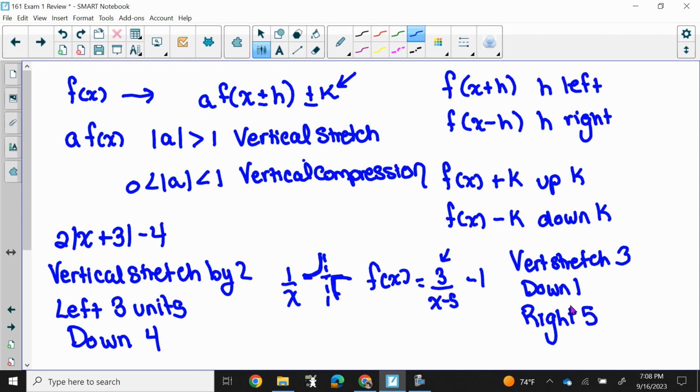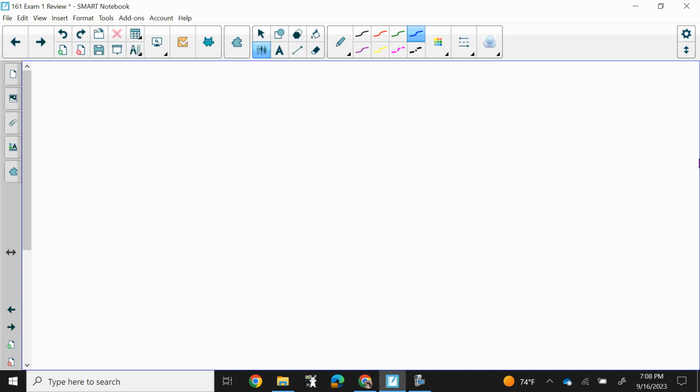Now, the next thing I wanted to show you was intervals where functions are increasing, decreasing, or constant. Okay, so let me just give you an abstract graph for that. Now, when you're doing these intervals, they're going to be on a graph, right?